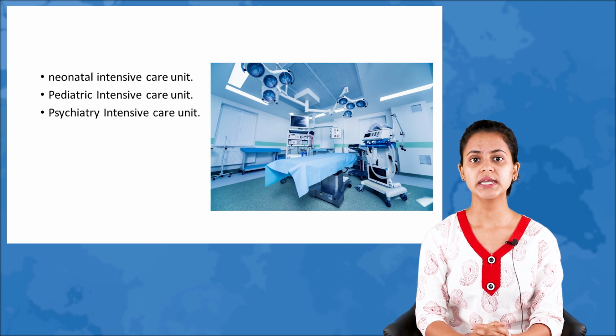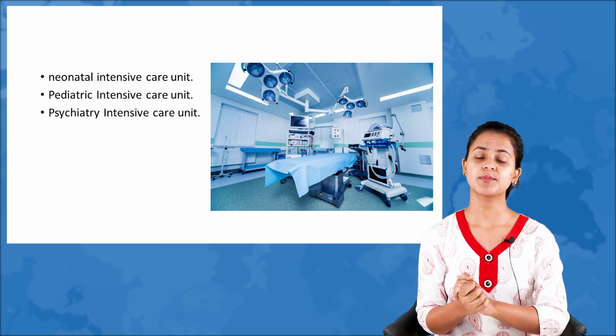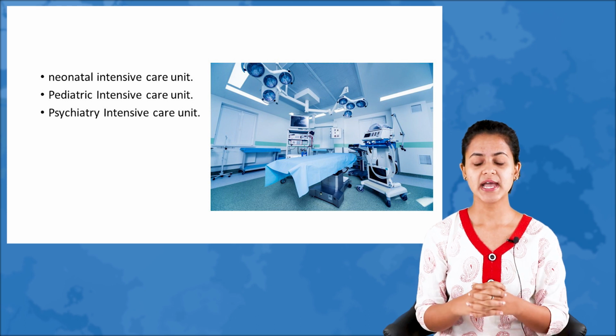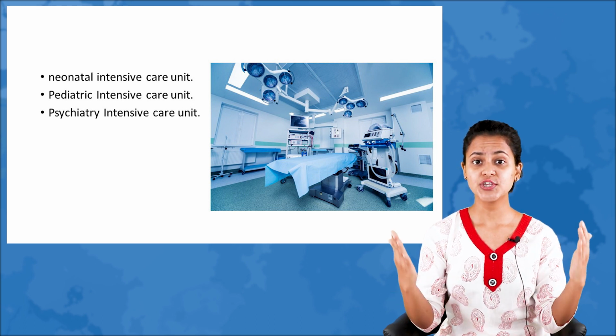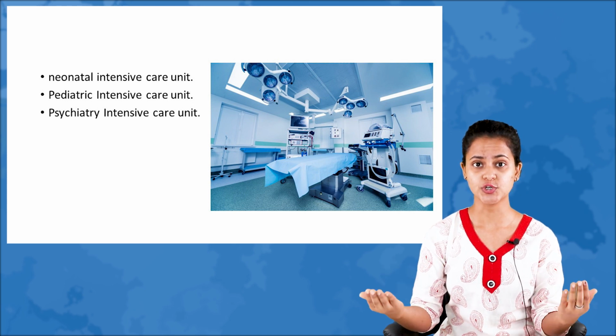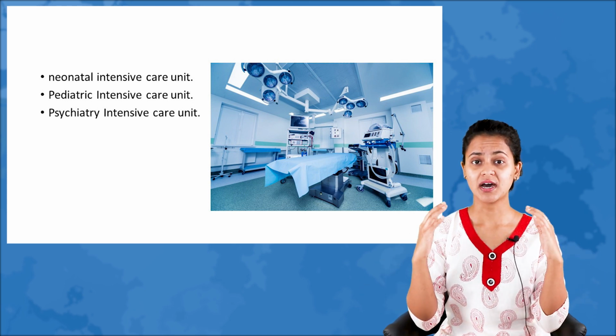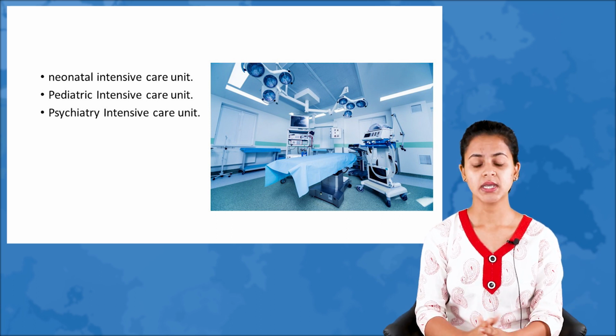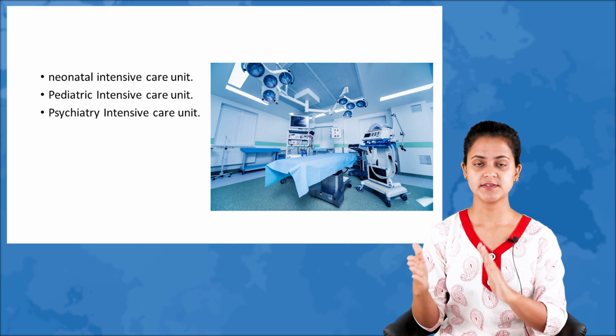So now we will learn about certain types of critical care unit. The first type of critical care unit is the neonatal intensive care unit. As the name itself suggests, the neonates who have a severely progressed disease condition in early life will be taken care of in this intensive care unit. Next is the pediatric intensive care unit.